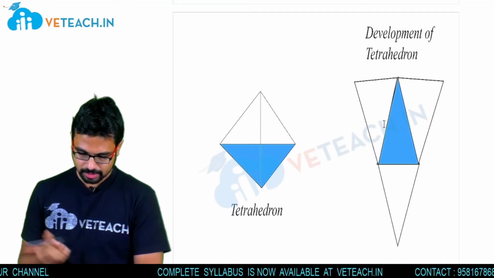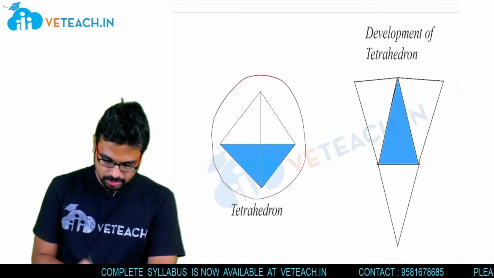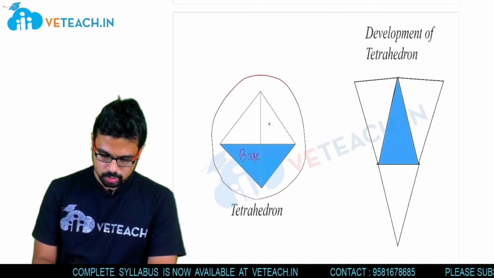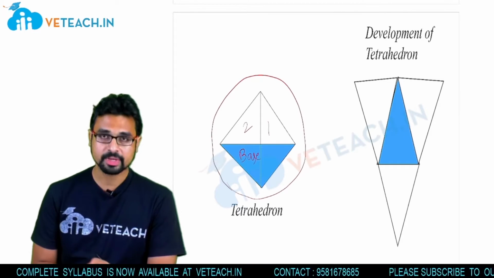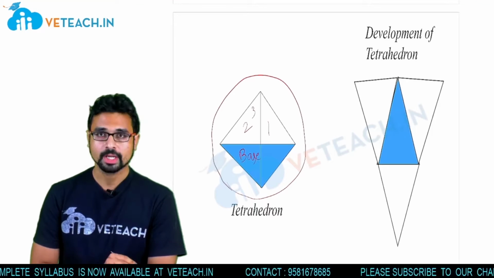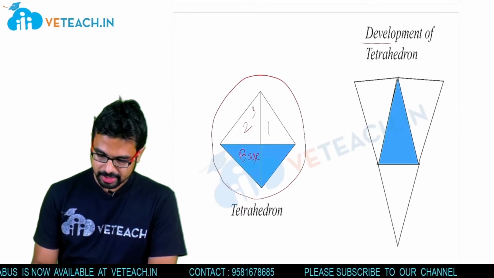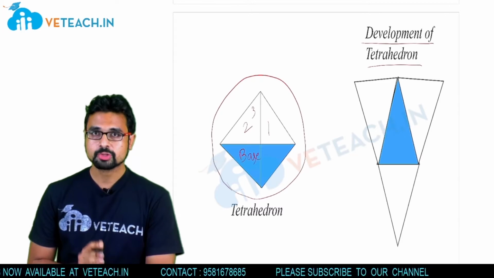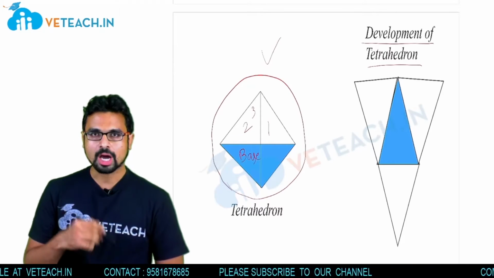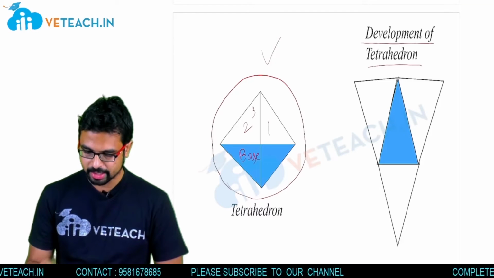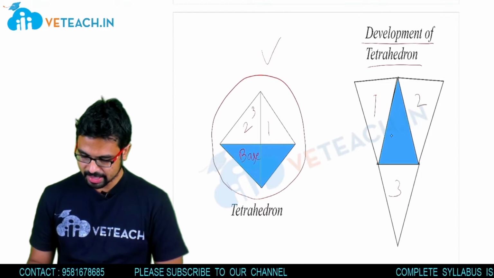Here we have a tetrahedron. This is the base, and these are all the faces: 1, 2, 3, 4. We all know that. So we have 3 lateral faces for the tetrahedron, and this is the base. A development of the tetrahedron is this: if a thin metallic sheet is folded in the form of this tetrahedron and we unfold it, we get the 3 surfaces, 1, 2, 3, and this is the base.